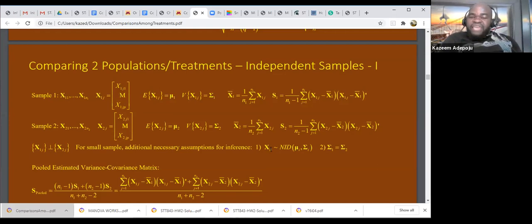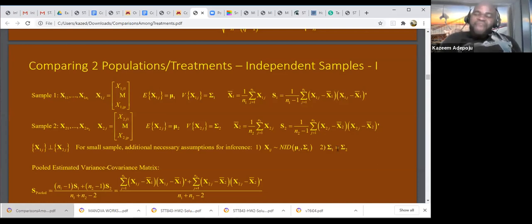And if j equals 2, I'm talking about this particular guy here, and it has a mean of mu2, which is the vector mean here, and this as a variance covariance. So you know what? I can actually test if the variance covariance of this set of variables equals the variance covariance of this set of variables. That's exactly what we're talking about right here.